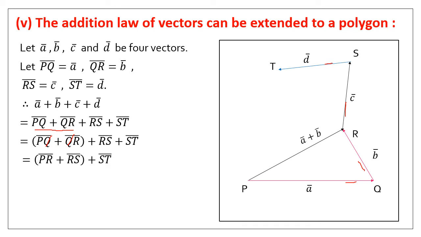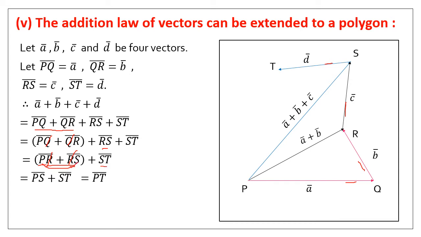Now as we have PR bar, take RS bar in one bracket. So see the starting and end points of this bracketed quantity, that is R gets cancelled, which gives us PS bar. Also by using the triangle law, PR bar plus RS bar gives us PS bar. So student, from this we will get PS bar plus ST bar.